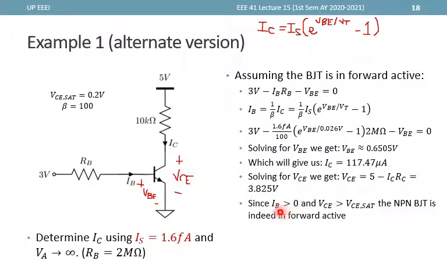Now, since IC is positive, then IB is also positive, since we just scale it by beta or 1 over beta. And VCE, 3.825, is greater than 0.2, then the NPN BJT is indeed in the forward active region. And therefore, we can say that this is the final answer.